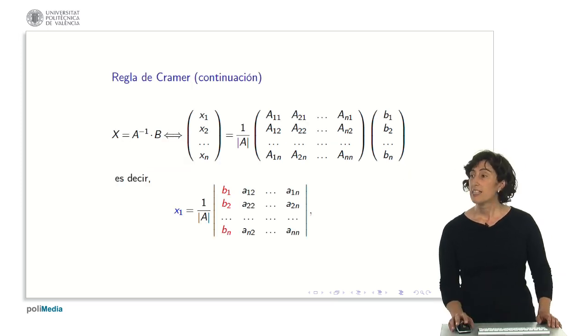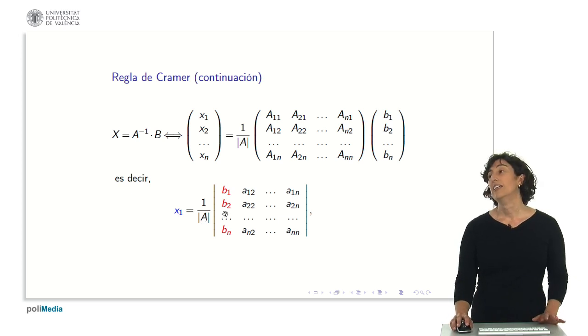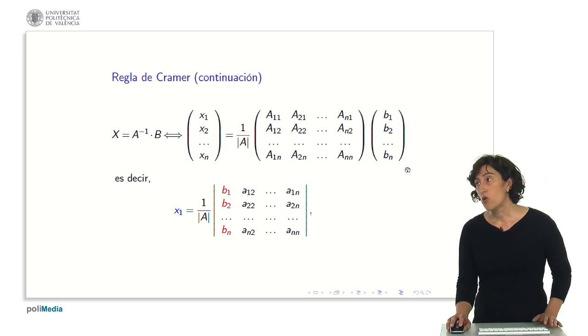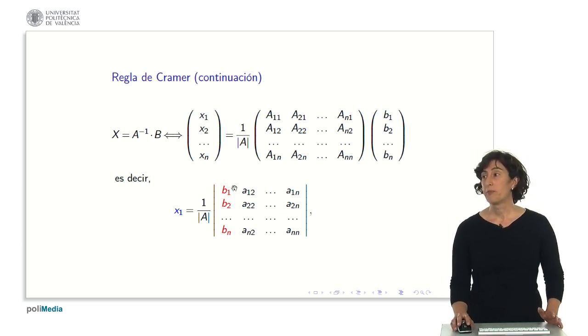We know x1. Well, in the denominator, I will always have the determinant of the matrix A. And in the numerator, instead of having to calculate all these determinants and then this product of matrices, what I will do is calculate a determinant, where I will put the determinant of the matrix A, where I will have changed the column 1 for the independent terms. That is, A sub 1, 1 is replaced by B1.